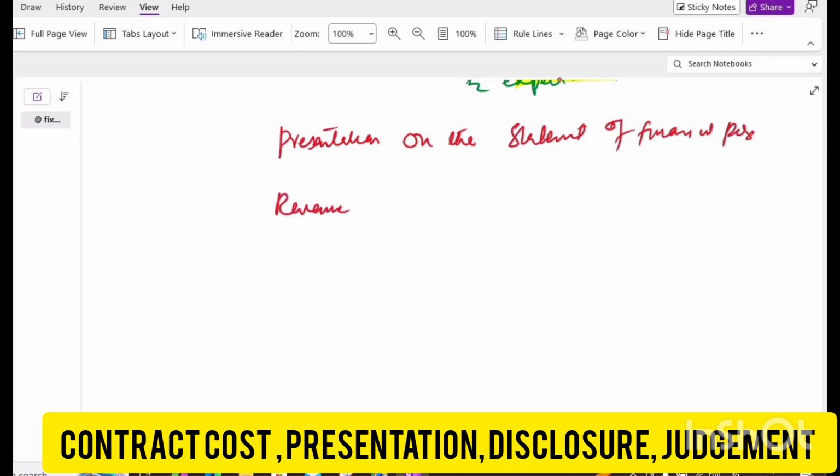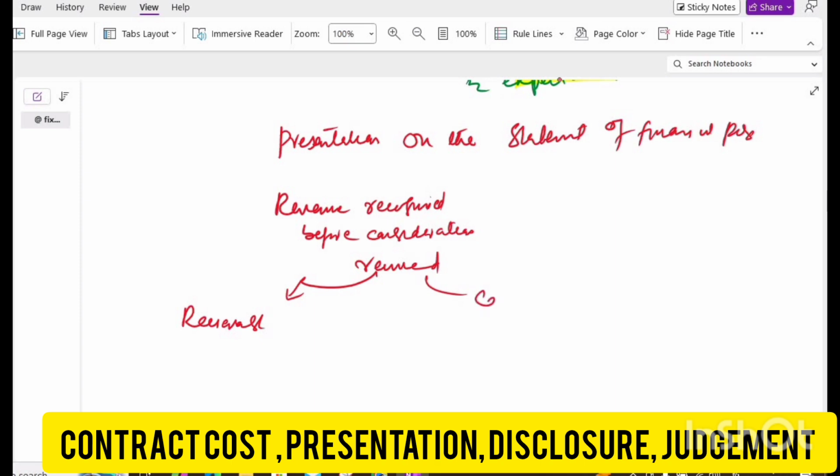When an entity has recognized the revenue but has not yet received the consideration, then it should be recognized either as a receivable or as a contract asset.